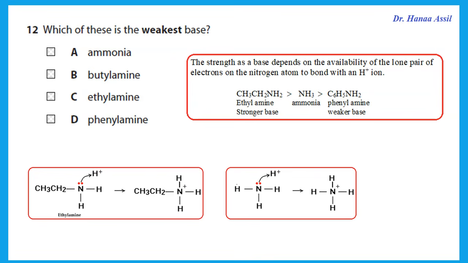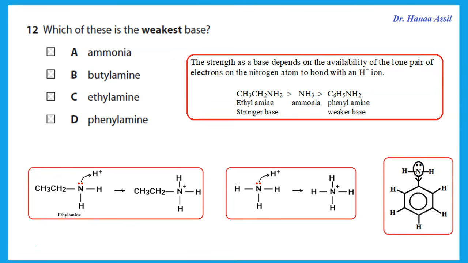You should realize that these are even more basic than ammonia, because the presence of the alkyl groups, butyl or ethyl, we call them electron donating. Electron donating means they make the lone pair of electrons on the nitrogen more available for making a dative bond, so they are more basic than ammonia.